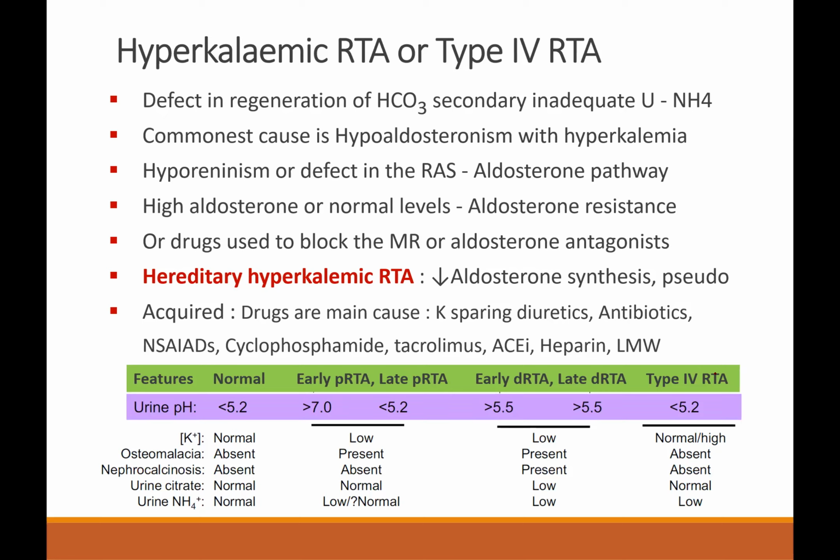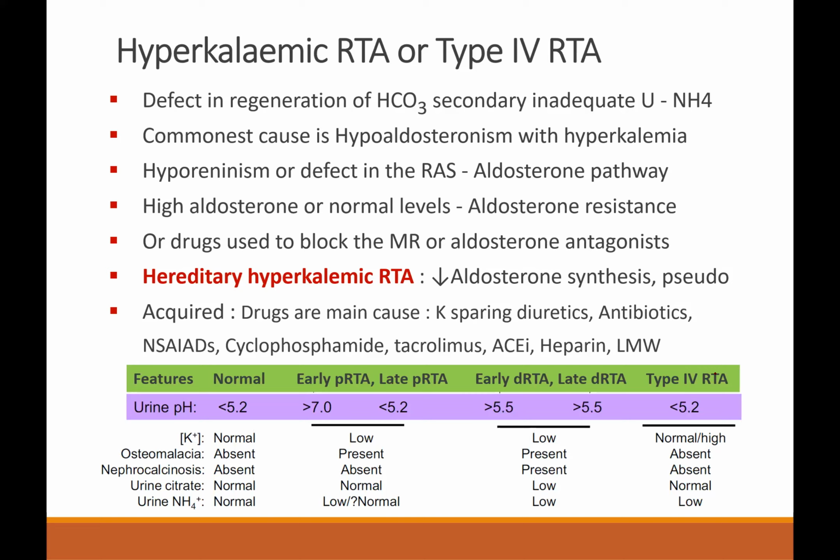There is a defect in the regeneration of bicarbonate secondary to inadequate urine ammonia. What is happening? Urine ammonia formation is less. So naturally the bicarbonate cannot be reclaimed unless the ammonia is formed. The hydrogen ion cannot be excreted, and in turn the bicarbonate cannot be reclaimed. So the regeneration of bicarbonate in the cytoplasm is affected.